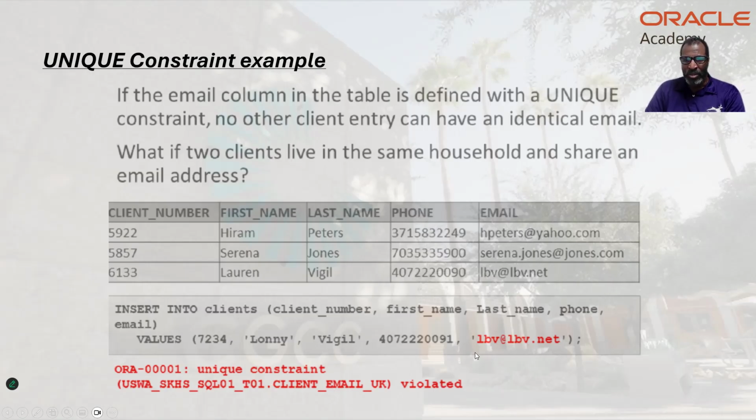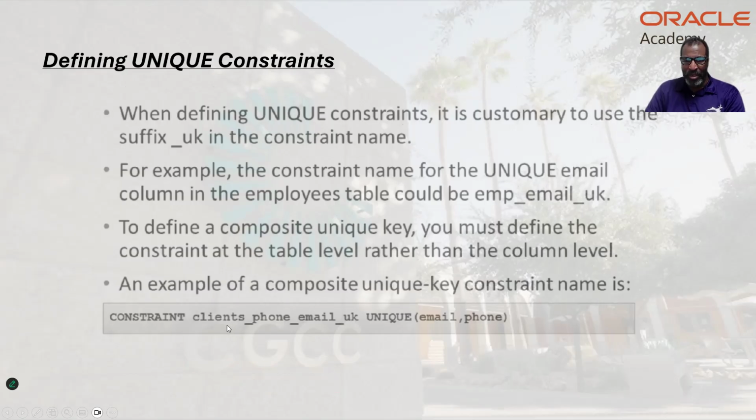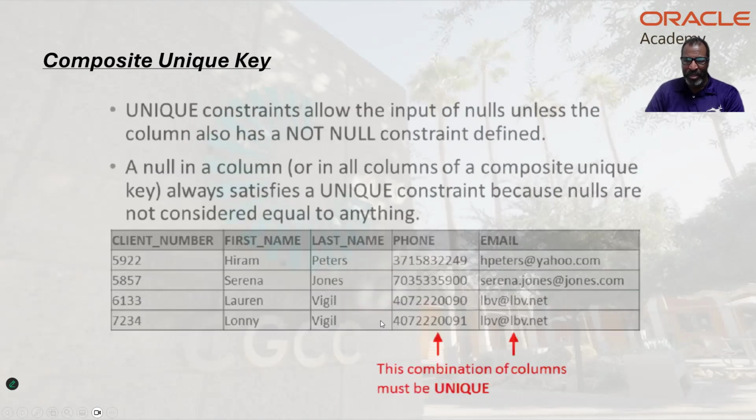So what you would probably do is create a multi-column constraint at the table level, on phone and email. Since the phone numbers are different, now we do not get that error. You'd have to go back and move that constraint from the column level to the table level. And now both Lauren and Lonnie can work for us without any problems. Yay.